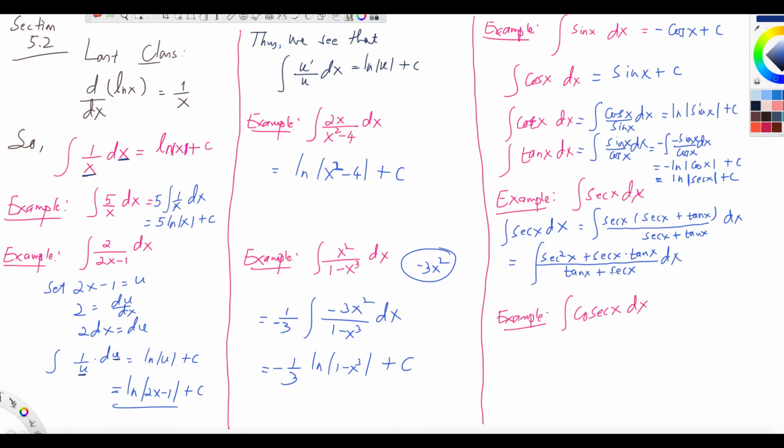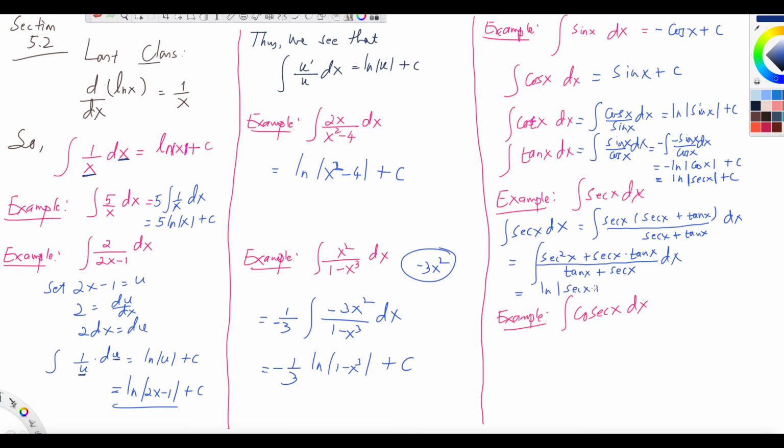What is the derivative of tangent x? Secant square x. What is the derivative of secant x? Secant x times tangent x. Here, the derivative of the denominator function is the numerator function. So what is the final answer then? It will be natural log of secant x plus tangent x, or you can write tangent x plus secant x, okay?